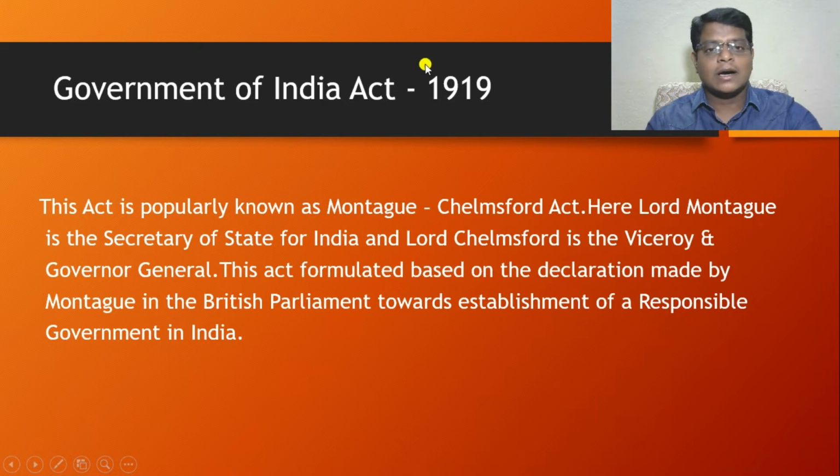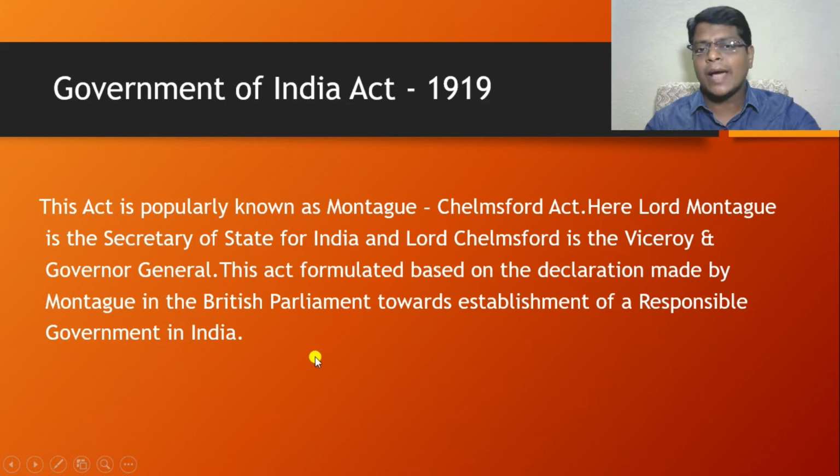The extremist leaders asked for self-rule, a responsible form of government, through the home rule and Swadeshi movements. To satisfy them, Montague declared in the British Parliament in 1917 the establishment of a responsible form of government in India.